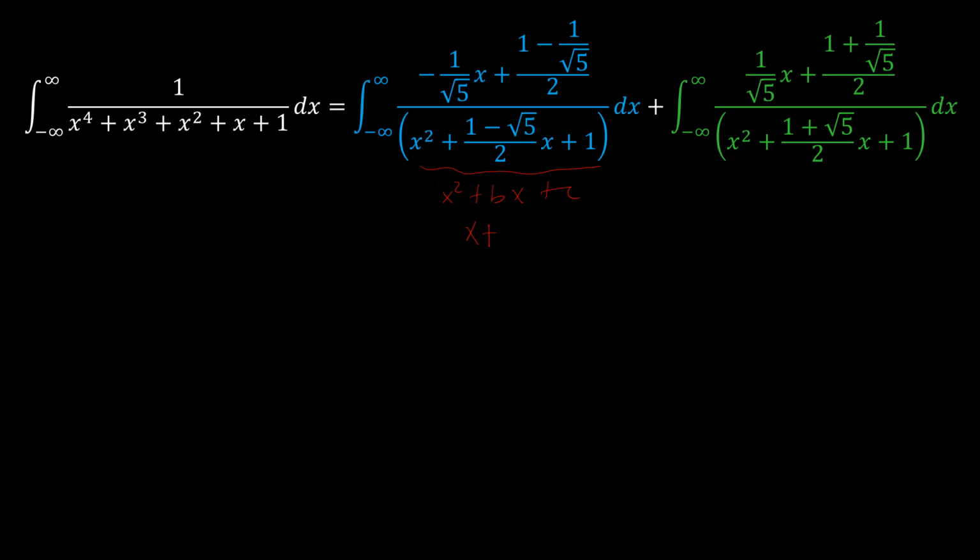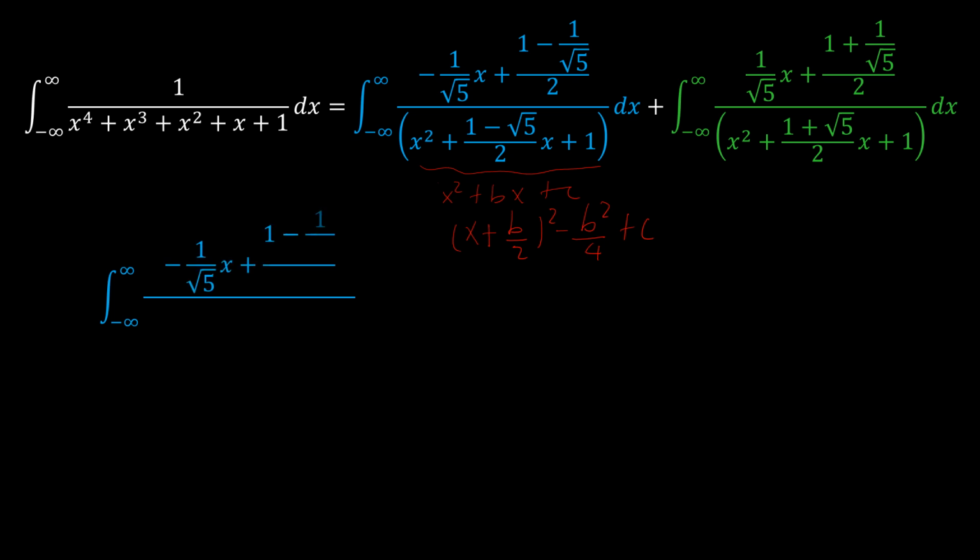This is the same as x plus b over 2 squared minus b squared over 2 squared, which is b squared over 4, plus c. That's what we're going to try and do, because this is our b here. And so we're going to have b equal to 1 minus root 5 over 2, so b over 2 is 1 minus root 5 over 4.